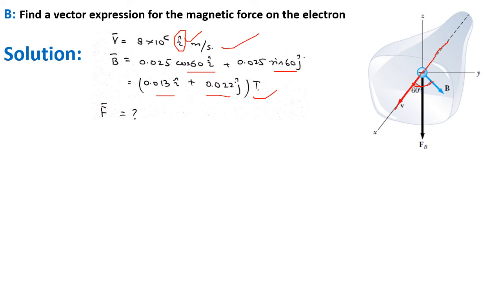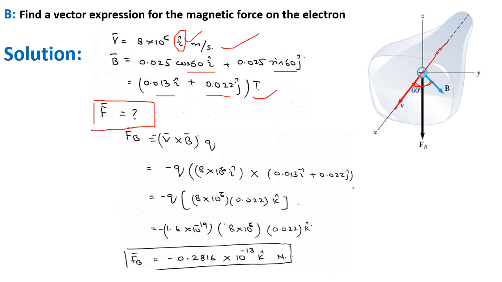Now I have to find force in vectorial form. So what will be the solution? I'll write this force equals Q times V cross B, but this Q is now for electrons, so I have to place a negative sign for that, because now I'm not finding the magnitude, I'm finding the vector value over here.